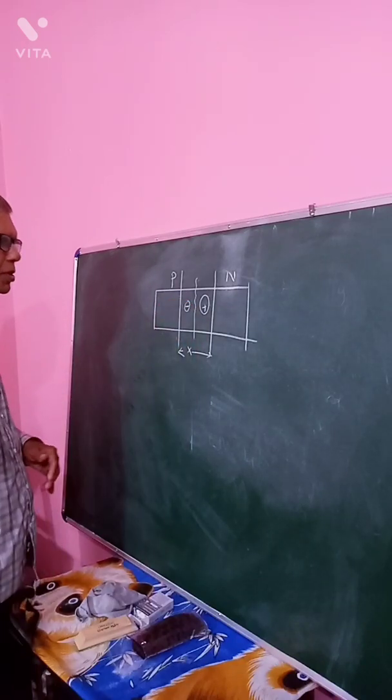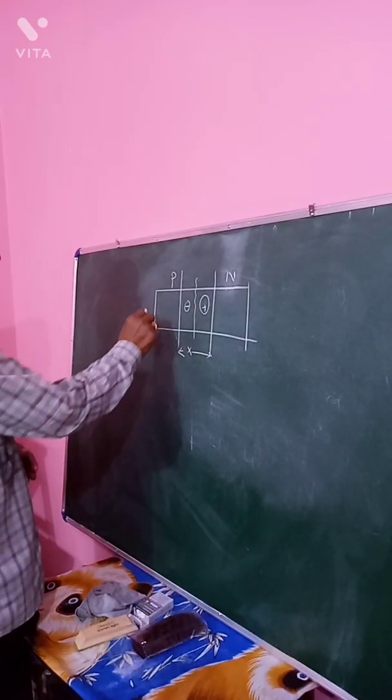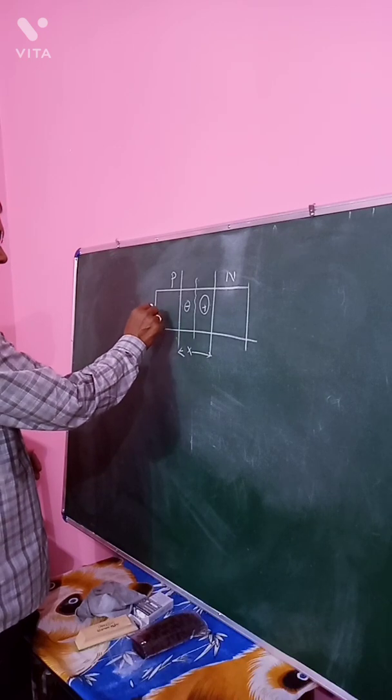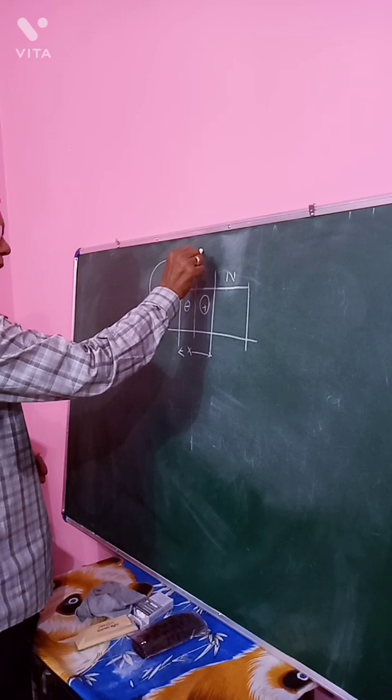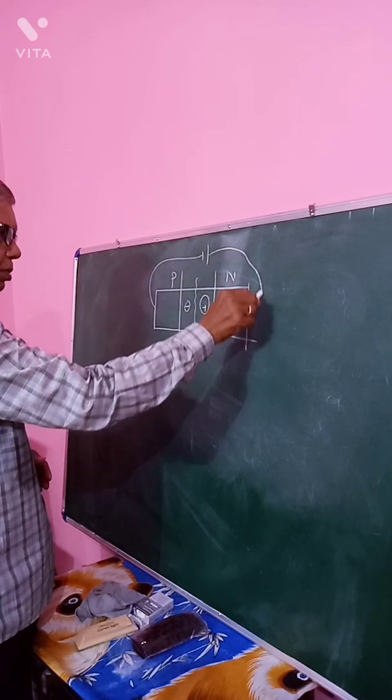Now what happens if you apply a potential difference, say reverse biasing, P is negative, N is positive?